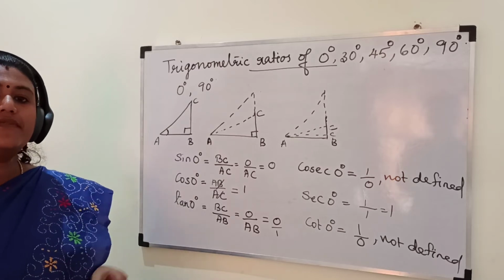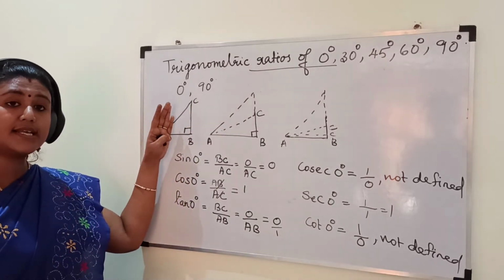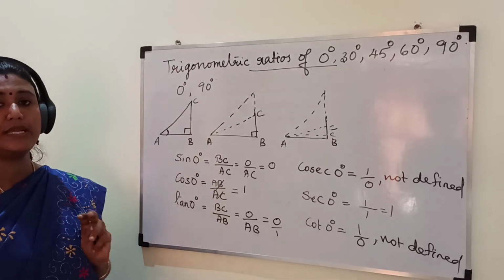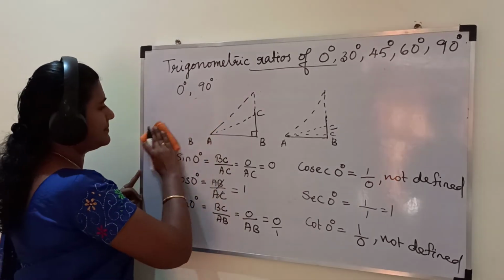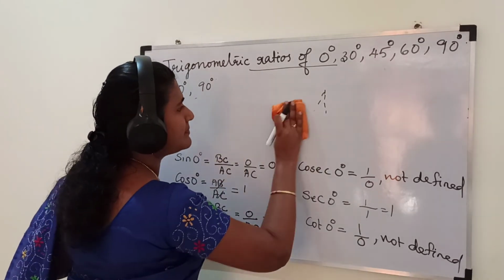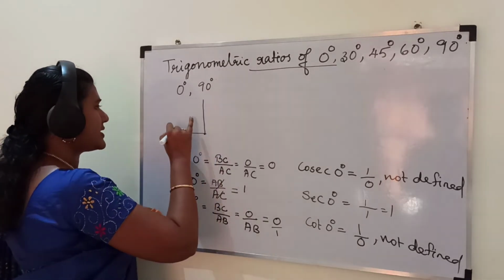In the same way, we will see what happens if A becomes larger and larger and almost equal to 90 degree. We will consider the right angle triangle ABC.